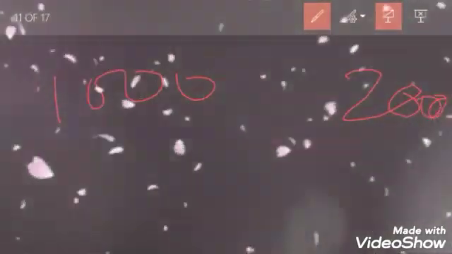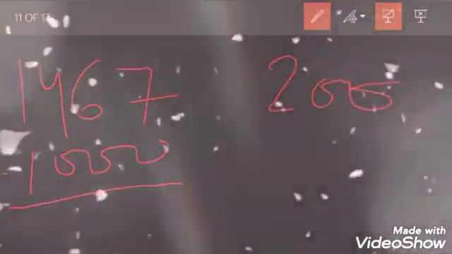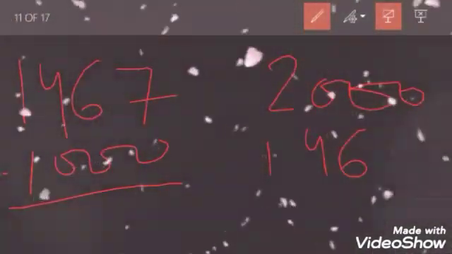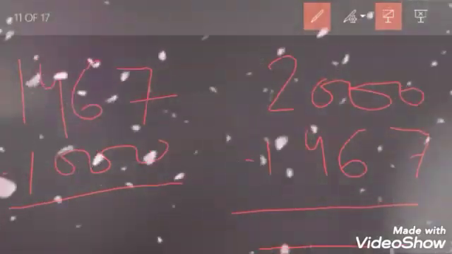It is clear to all. Now, we will subtract the smaller number from the greater number. It means first of all we will subtract 1000 from 1467, and then we will subtract 1467 from 2000. So let's subtract.